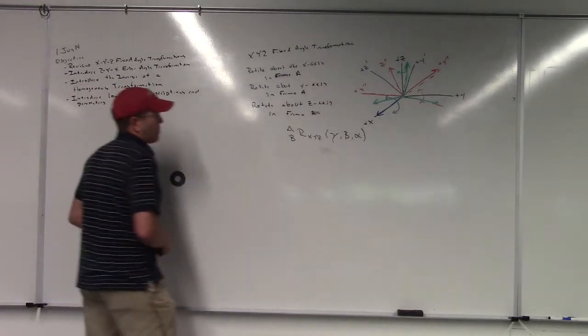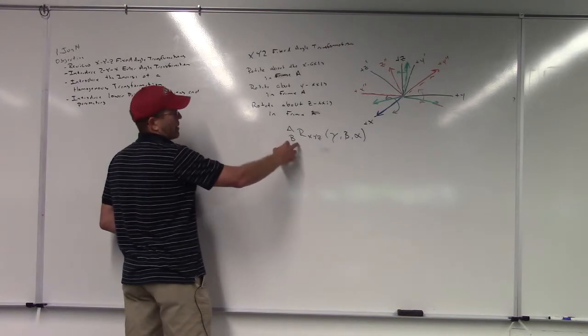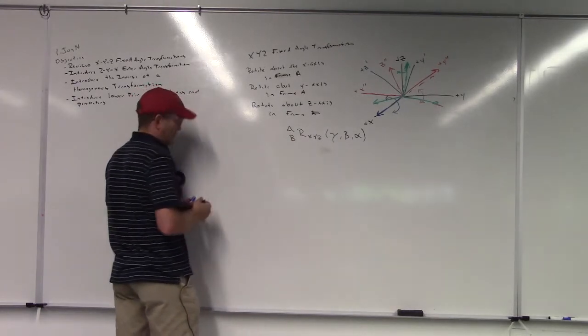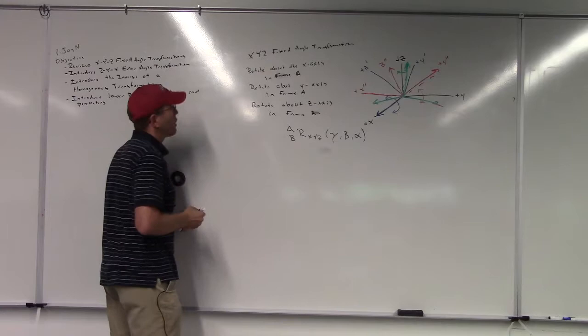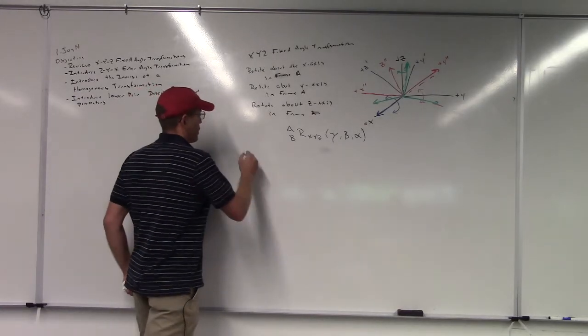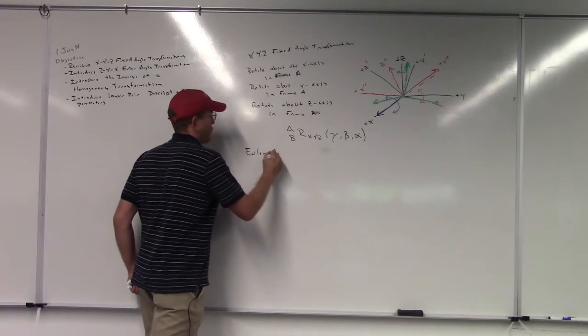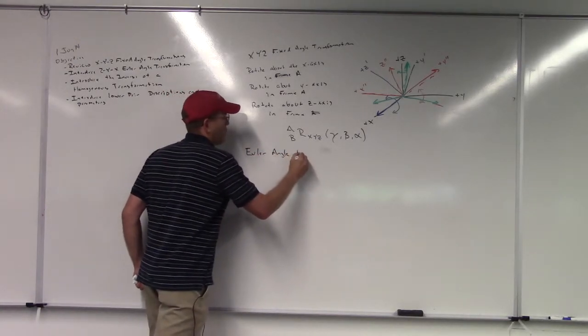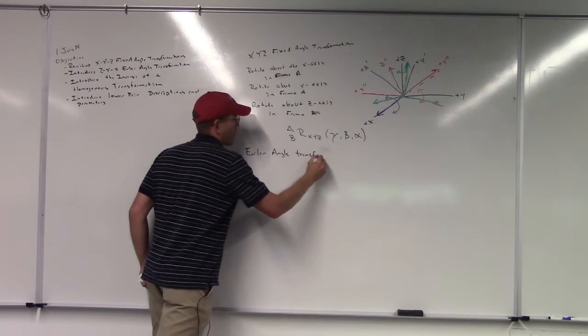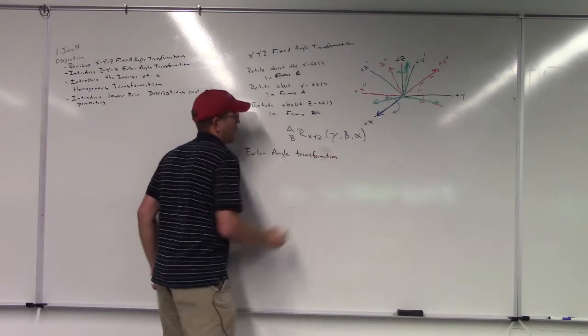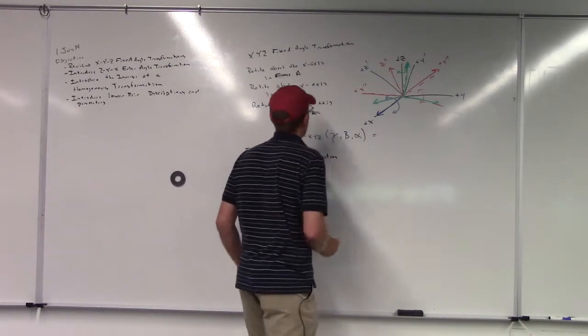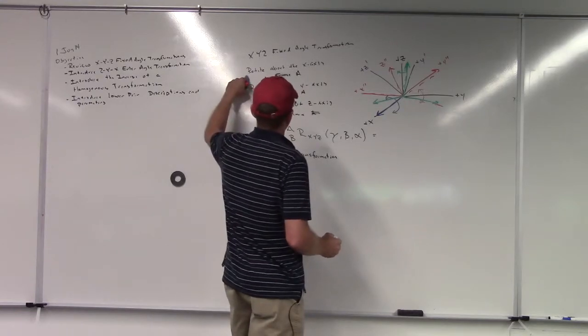Well, the other way to think about this is looking at the transformation from B back to A, and that's where these Euler angle transformations come into play. By the way, in this case, we can write this very literally as it sits here.